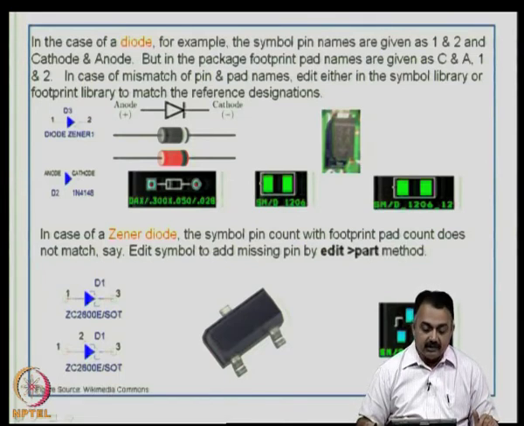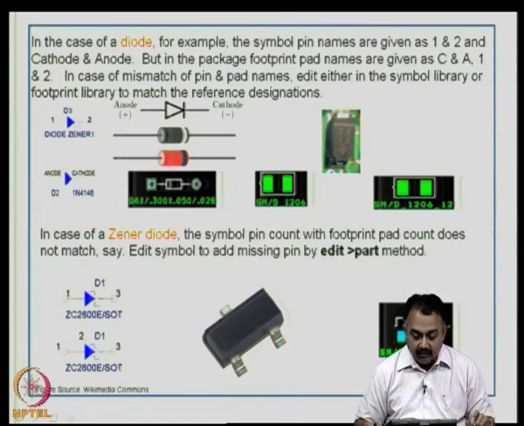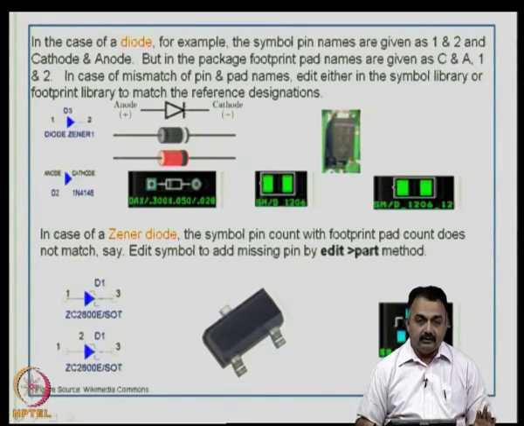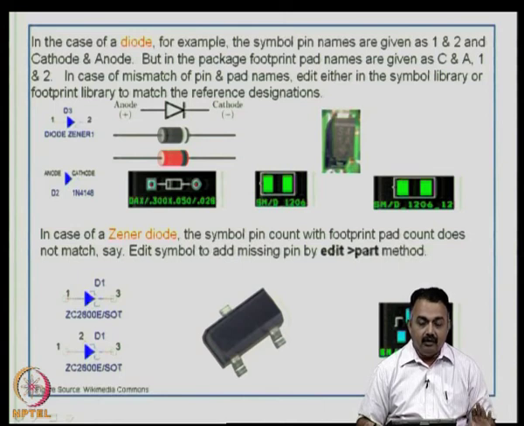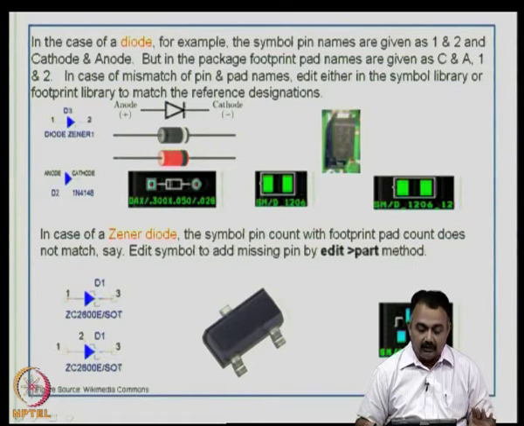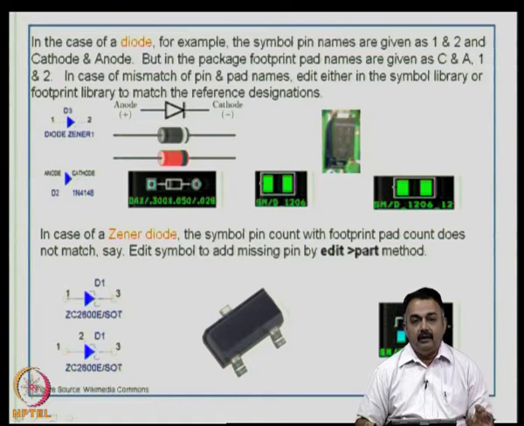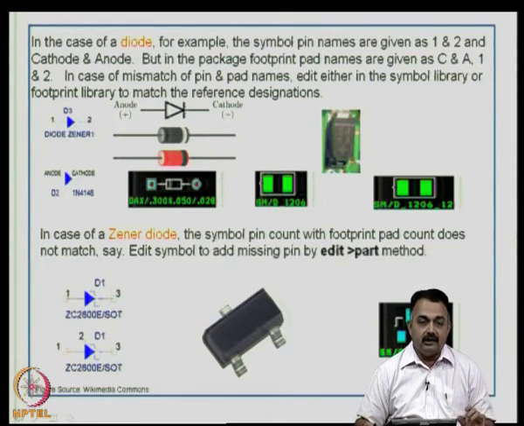In the case of mismatch between the pin and the pad names that are either given in the symbol or the footprint library, you can edit either the symbol library or the footprint library to match the reference designations that you want. So, you can save it in your own file name, and if you are going to use this particular symbol very frequently and which is probably not present in the host library, it is better to edit and keep one for yourself.